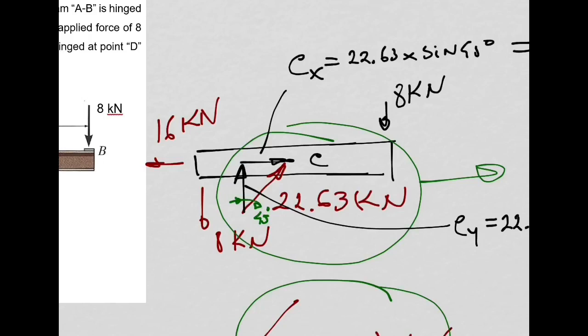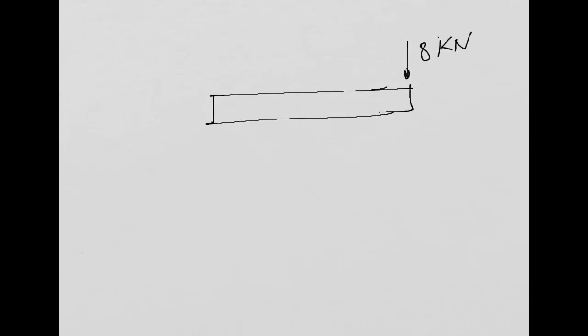Well, so what you are saying is that if you isolate only the beam, so let's do it here. If I isolate only the beam like this, you will have here 8 kilonewtons at this point, right? Oh, sorry, they are in the opposite direction, right?